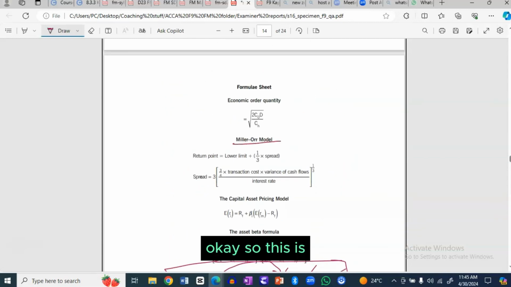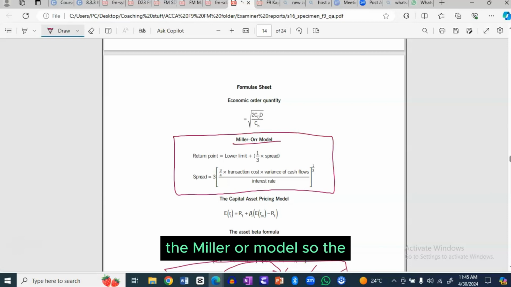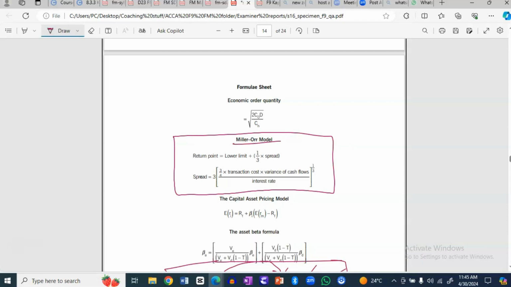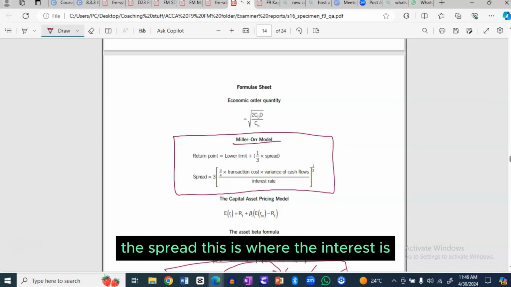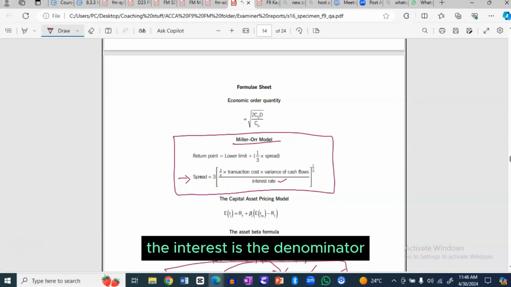This is the Miller-Orr model. So you're going to be given the formulas. Now for us to calculate the spread, this is where the interest is. We're having the interest as the denominator here.